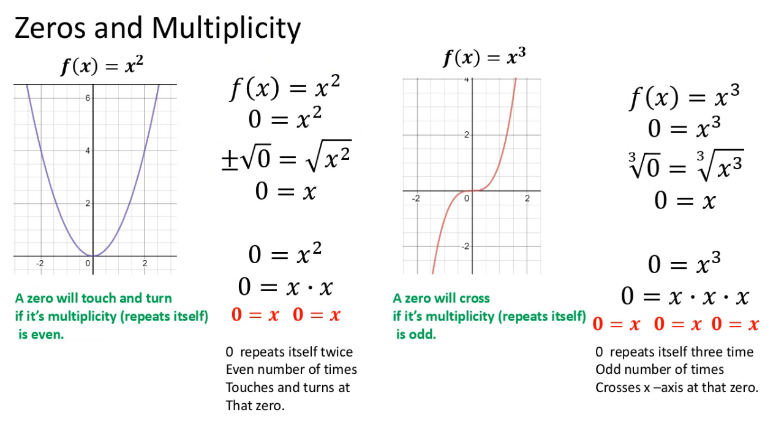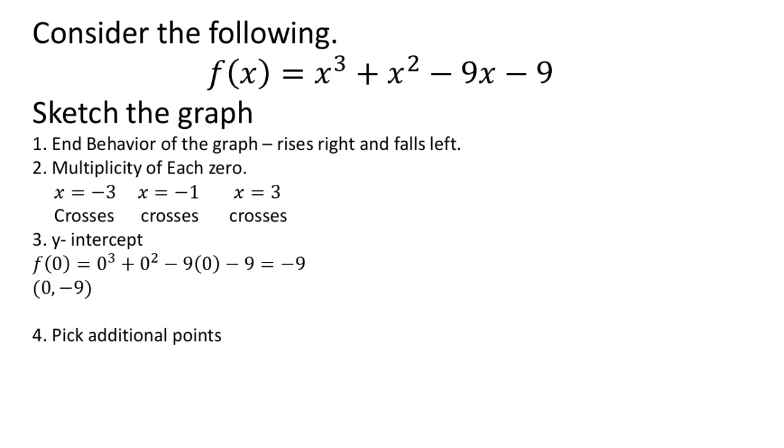And if you look at x cubed, if you have a zero that repeats an odd number of times, then your graph is going to cross. So let's look at ours here.